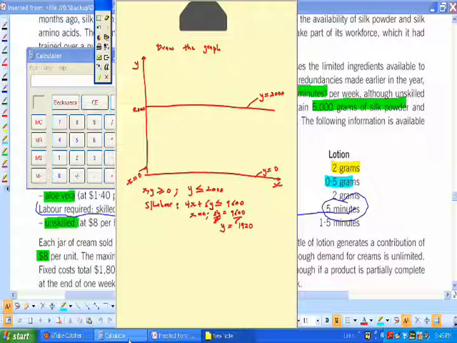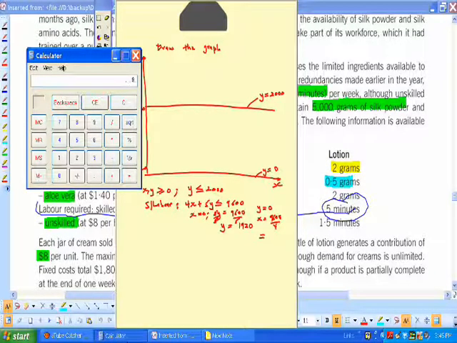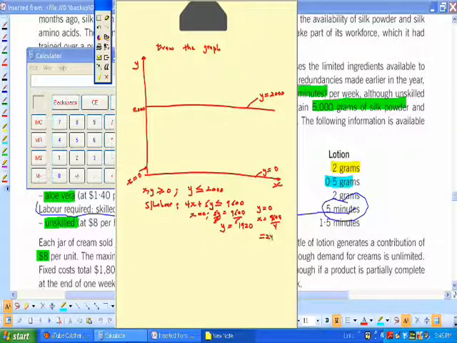Same thing when y is equal to 0, x will equal 96 divided by 4, which is equal to 24.